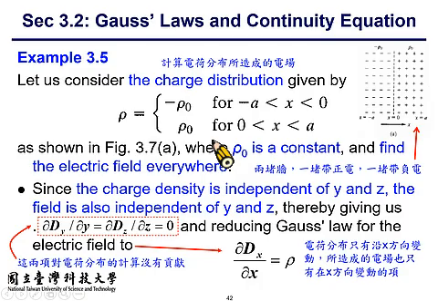From position minus a to 0, you have minus rho sub 0. So to the left is negative charge. And to the right, between 0 and a, you have rho sub 0, which is a positive number. So you have positive charge to the right.